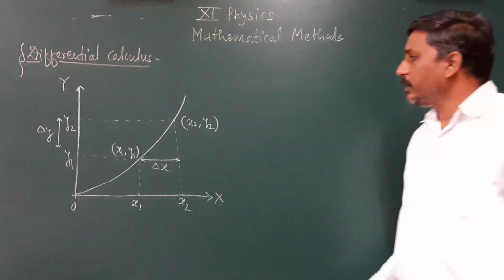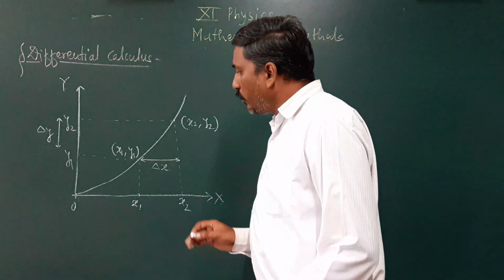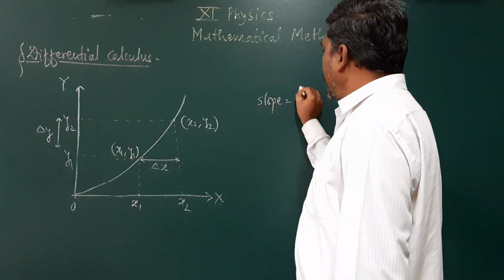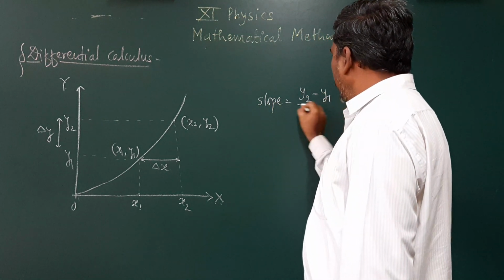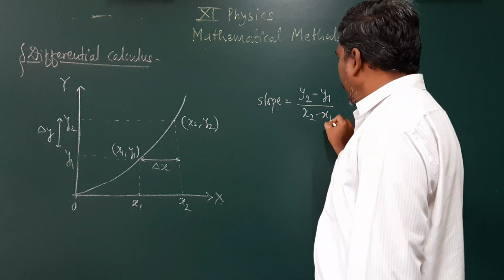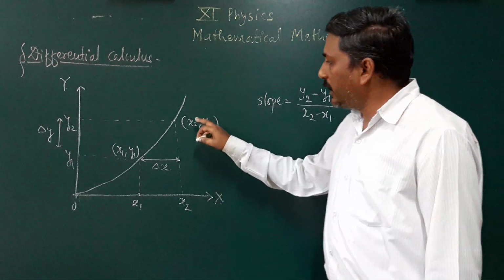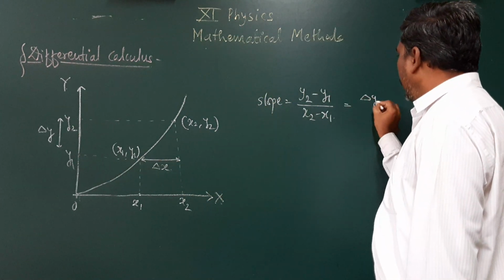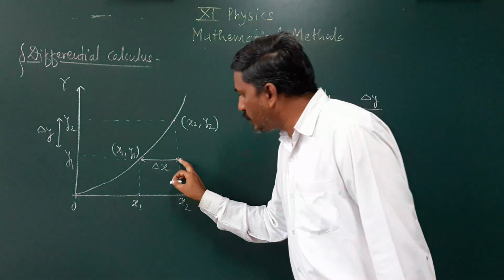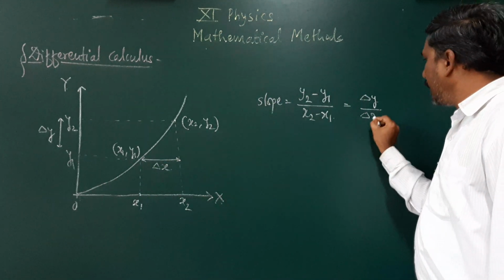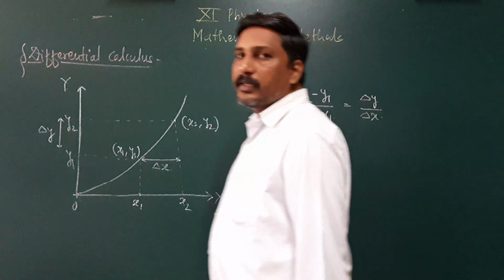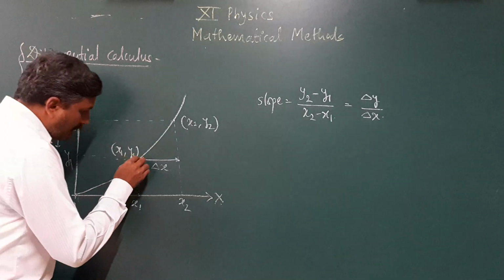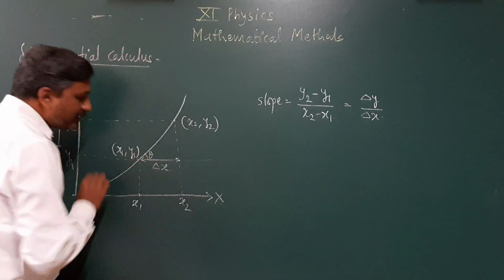Now, just see. If I want to calculate the slope of this, how do you calculate the slope? Slope is given simply by y2 minus y1 divided by x2 minus x1. What is y2 minus y1? It is nothing but my delta y. And what is x2 minus x1? That is nothing but my delta x. Now, when you calculate the slope, let this line make an angle theta along the x-axis.